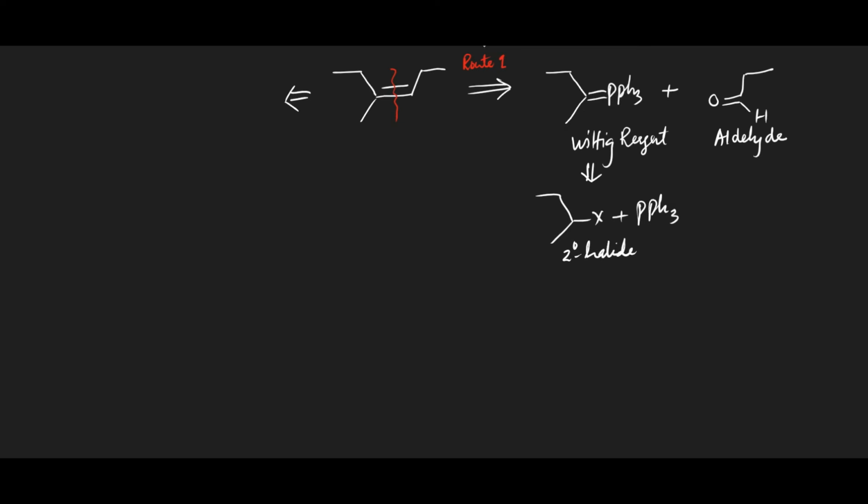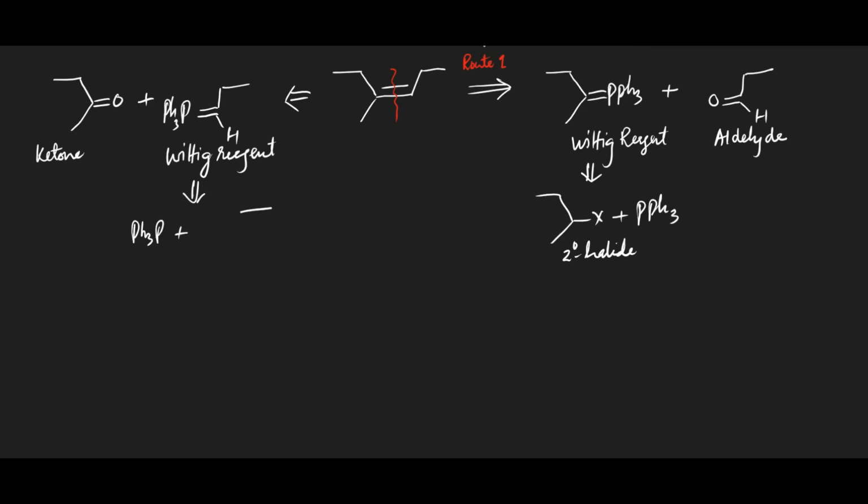Second possibility is, left side of the double bond comes from the carbonyl and right side from the Wittig reagent. This Wittig reagent can be made from a primary halide and PPh3. Since a primary halide is a preferred substrate over a secondary halide for synthesis of a Wittig reagent, pathway 2 is best.